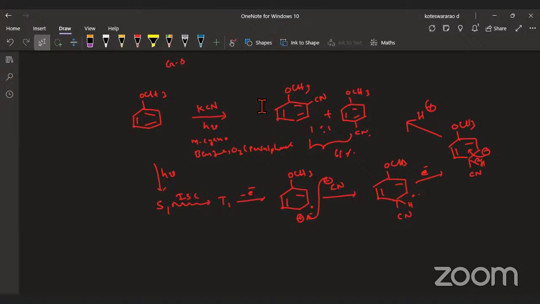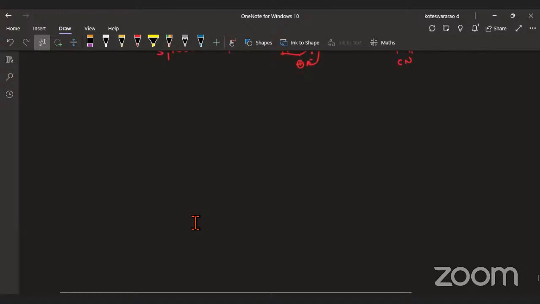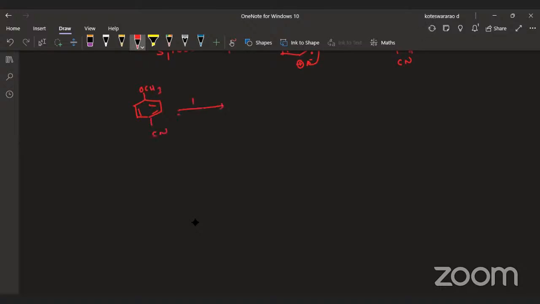Following are some of the examples, then chlorobenzene. Suppose the para position is already substituted with a halogen. However, when the anisole derivative undergoes a photosubstitution reaction with potassium cyanide in a photochemical condition, more than 90% yield will be generated.